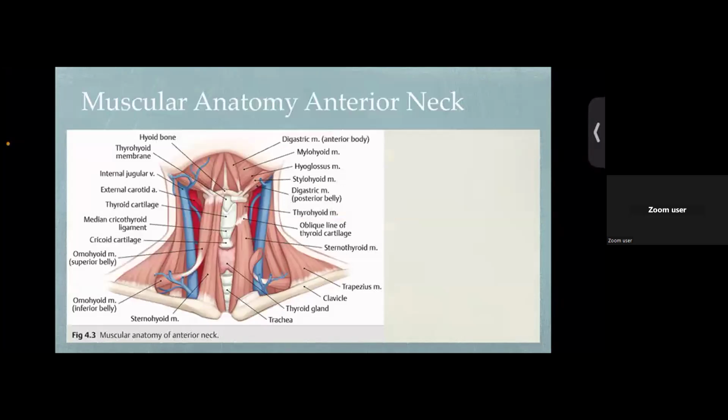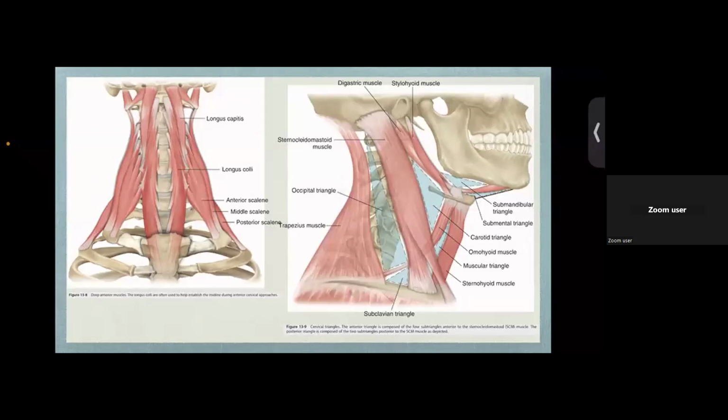This is just a diagram showing the muscular anatomy of the neck. Right, seeing the longus colli and anterior scalene muscles, the triangles of the neck.